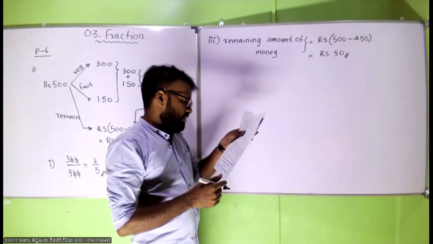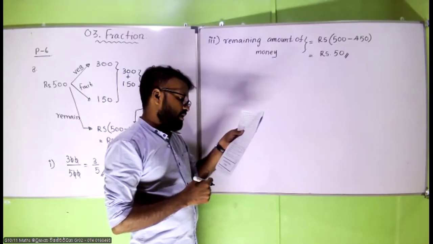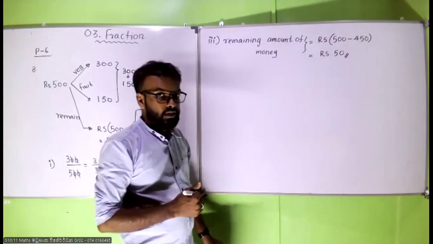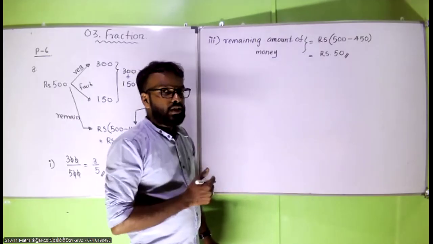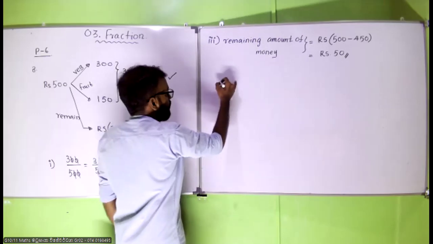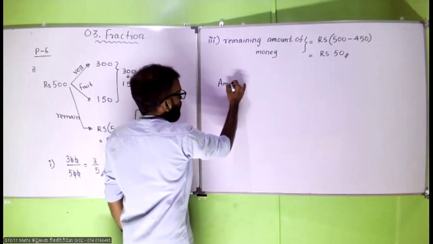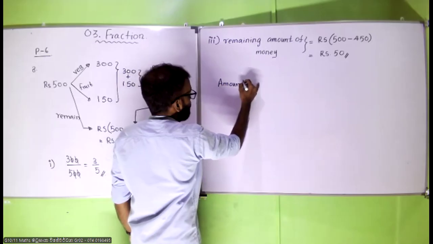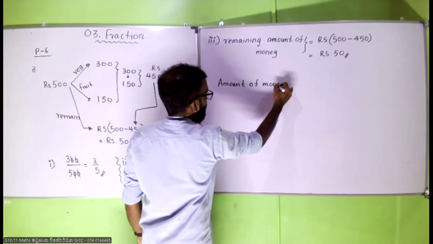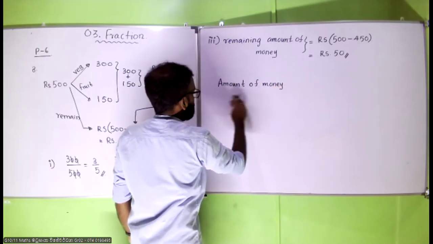They are asking if she had planned to save 1/4 of the money she had taken to the market, was she able to fulfill it? So we have to find 1/4 of the in-hand money, the amount of money.